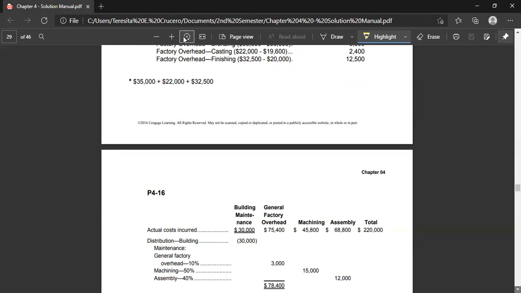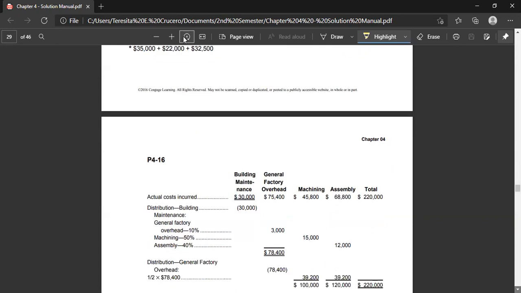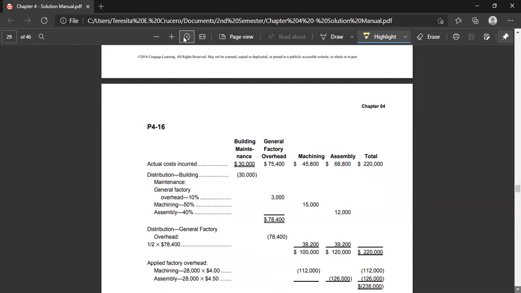Finally, the general factory overhead, instead of 75,400, its total cost now is 78,400 to be distributed here. The general factory overhead, we have to distribute this to the machining and assembly departments equally.